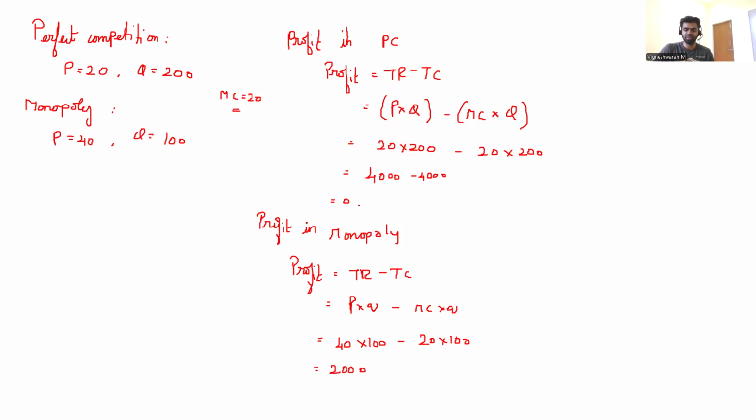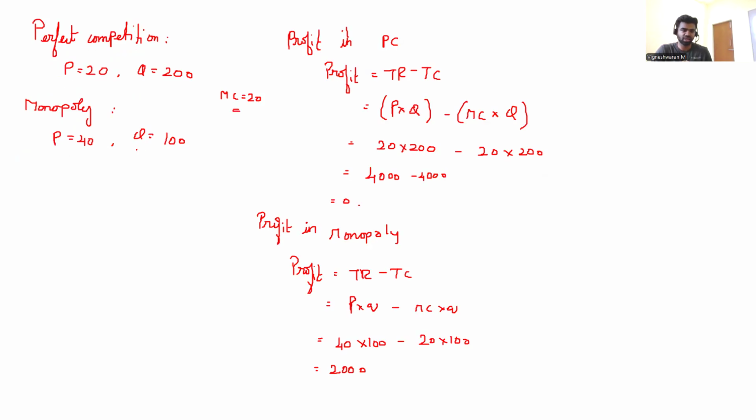Now we will calculate the deadweight loss. In perfect competition, price is 20, quantity is 200. In monopoly, price is 40, quantity is 100.